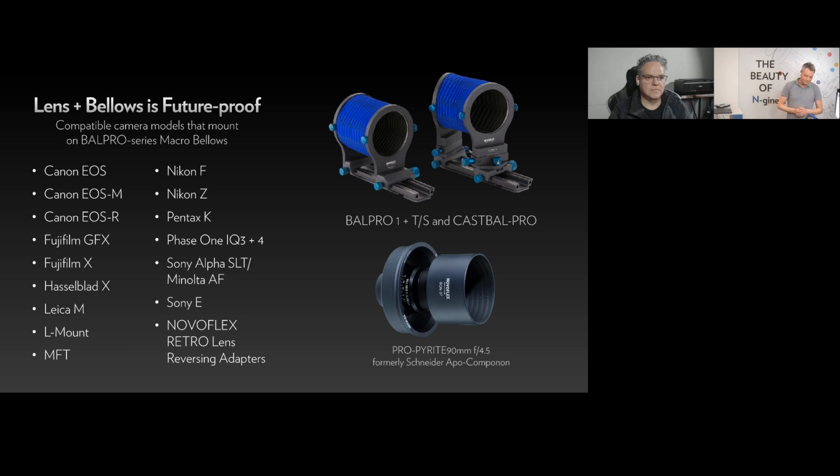And the 90mm Pirate lens has this huge image circle, which will totally cover these bigger sensors too. So if you own one of these bigger sensor cameras, or if you plan to use tilt and shift, or if you want to introduce it into your workflow, then invest in one of our Pro series bellows, and the 90mm Pirate gets you covered, right? Absolutely. Yep.